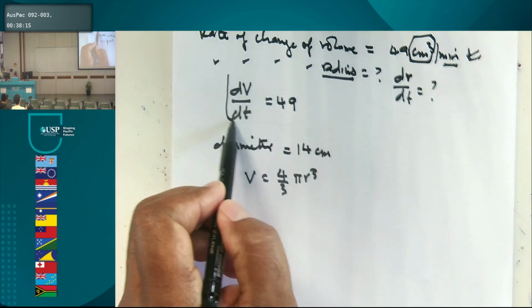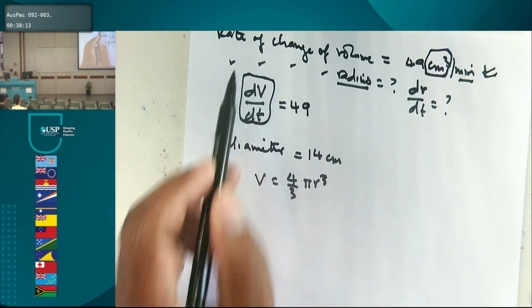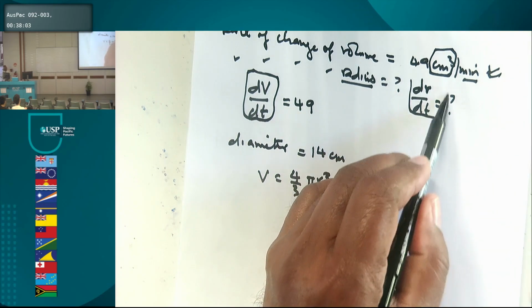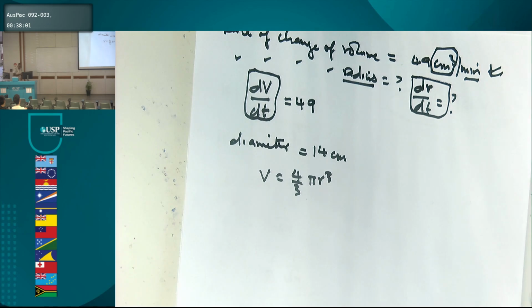We need to construct a related rate equation for dV over dt that uses dr over dt. And that related rate equation is extracted from the chain rule. So what is our related rate equation on dV over dt?